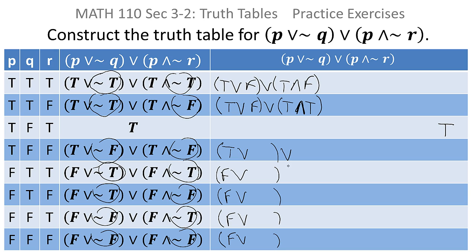So everything's got an OR here, and then I have a true and a false and a false and a false and a false and.